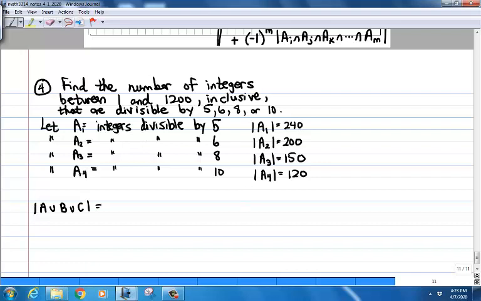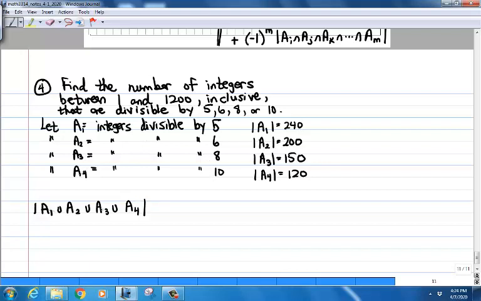So what we're looking for now is the cardinality of the union of these 4 sets, because we want numbers that are divisible by 5 or 6 or 8 or 10.